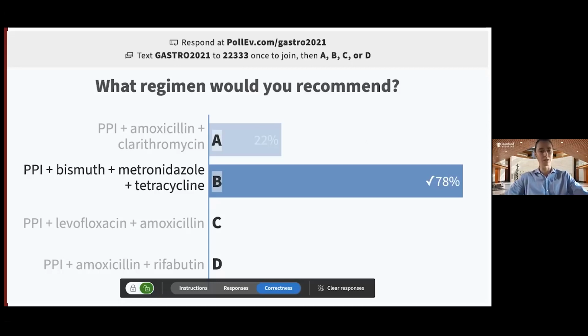That's why it's important to know that patients who have had prior exposure to these classes of antibiotics are at higher risk of having resistant H. pylori strains, and therefore quadruple therapy is the preferred treatment option to increase the likelihood of treatment success. And quadruple therapy should be a 14-day regimen. And in terms of option D, rifabutin is an antibiotic that should be saved as a last resort in the setting of treatment failure or salvage therapy.